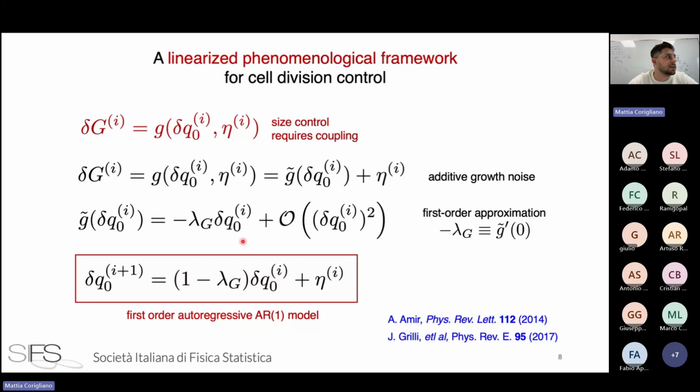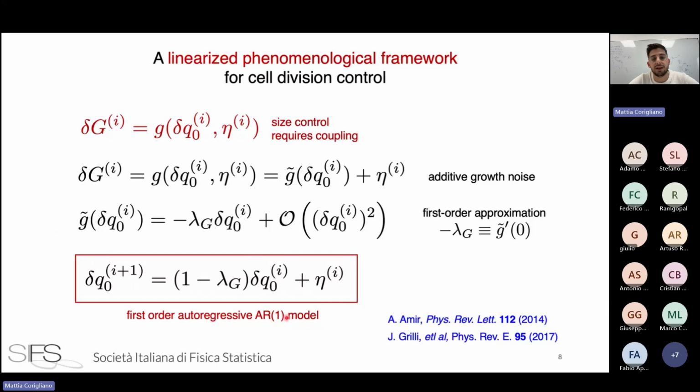And again, this approximation is justified by the fact that, as I told you, the distribution of this fluctuation is typically very narrow. So one might hope that truncating the Taylor expansion to first order might be enough to recapitulate all the complexity of the process. And so basically we end up with a first order autoregressive process linking the fluctuation in the birth size at the next cycle to the one at the current cycle plus a noise term.